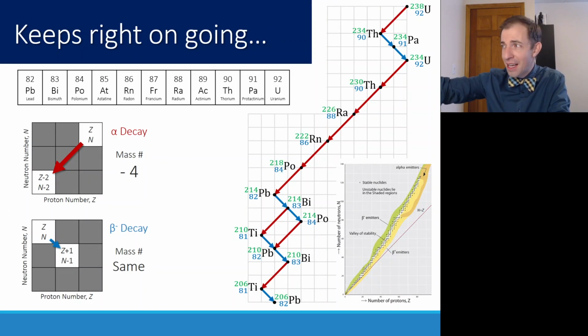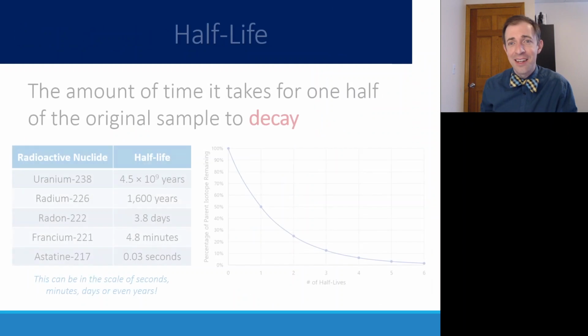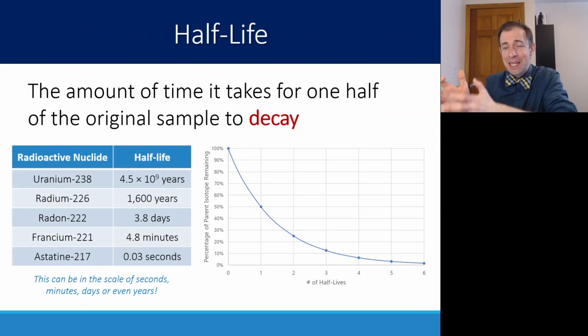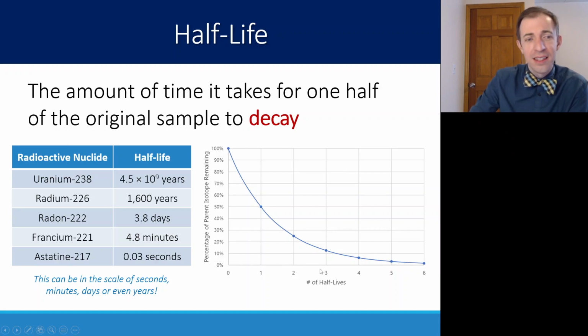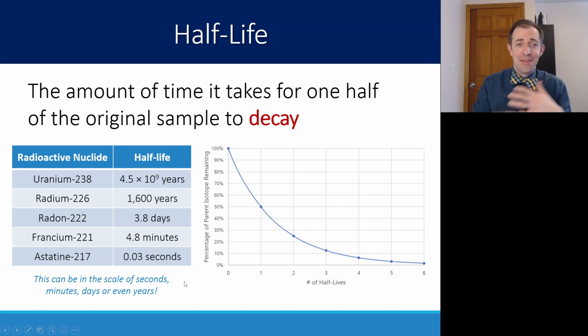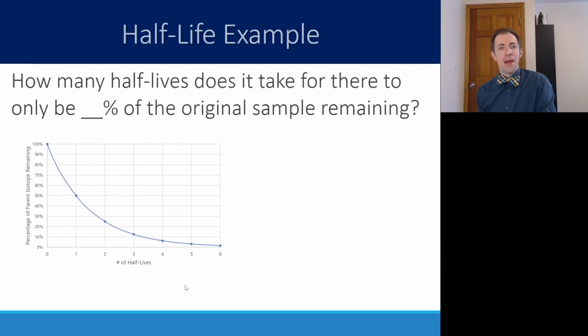So every half-life is telling you how long it's going to take for that element to become half the next element. And we see this decay goes down in this exponential format. This can be in the scale of seconds, minutes, days, or even billions of years. And you can see a huge variety of half-lives shown just in this small table here. We'll see that again in a minute.